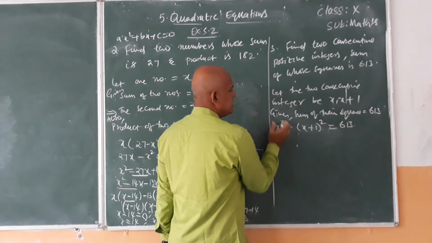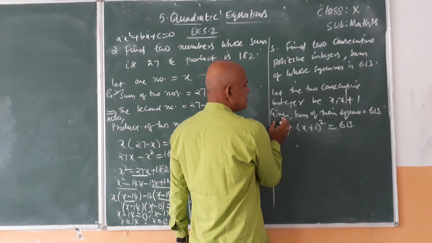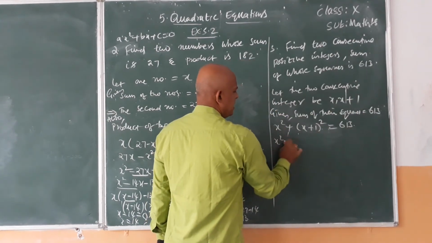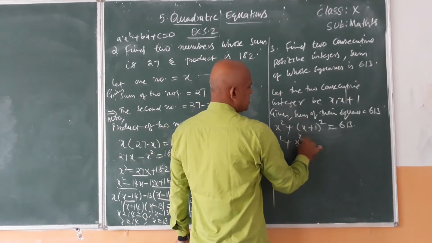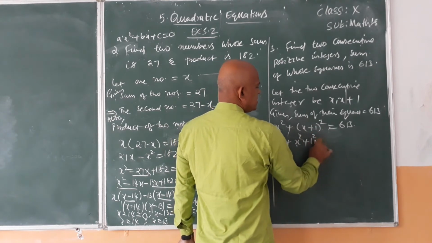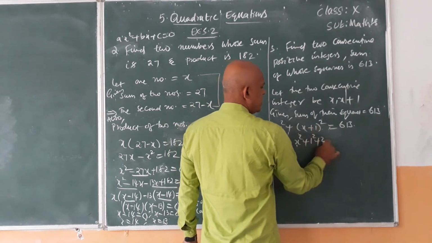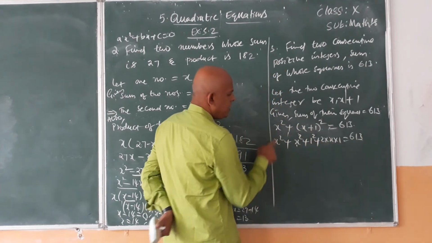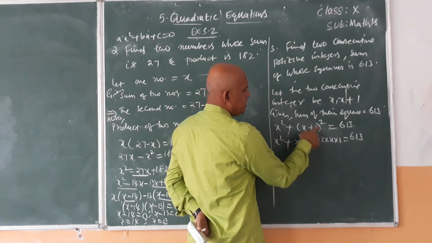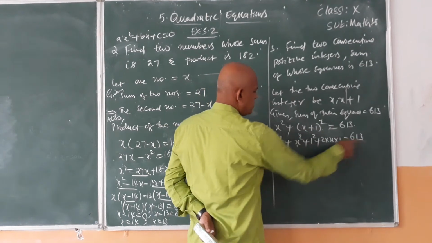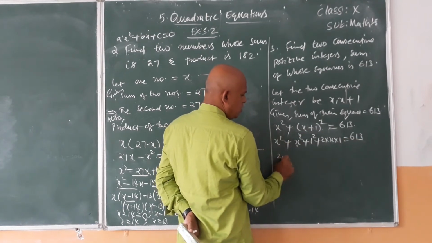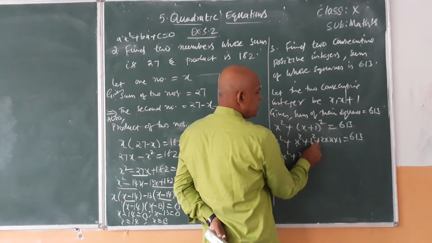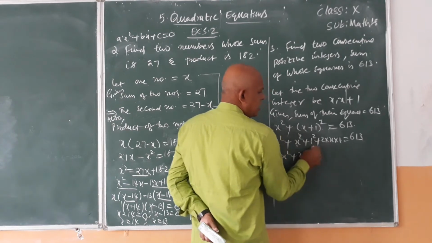Expand this one using a plus b whole square is a square plus 2ab plus b square. So x square plus 2 into x into 1, which is 2x, plus 1 square, which is 1.